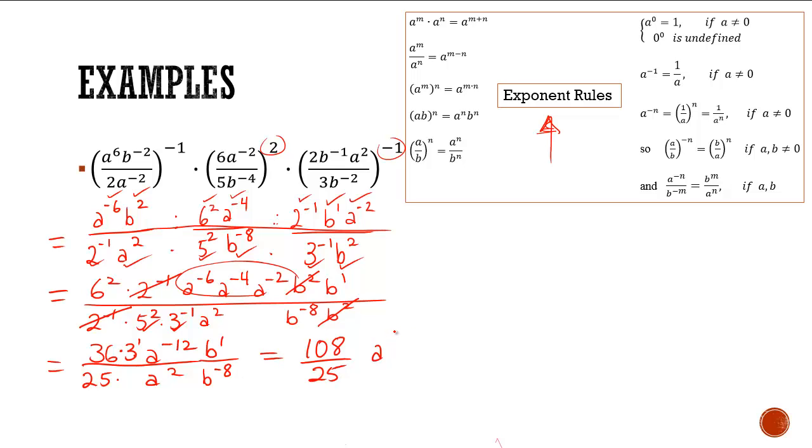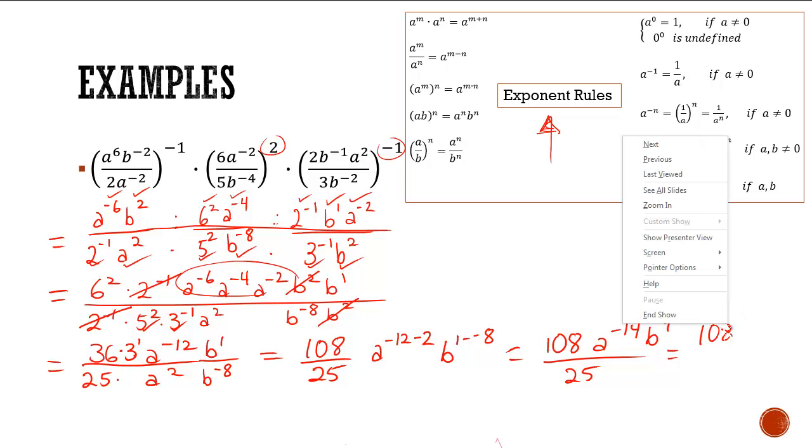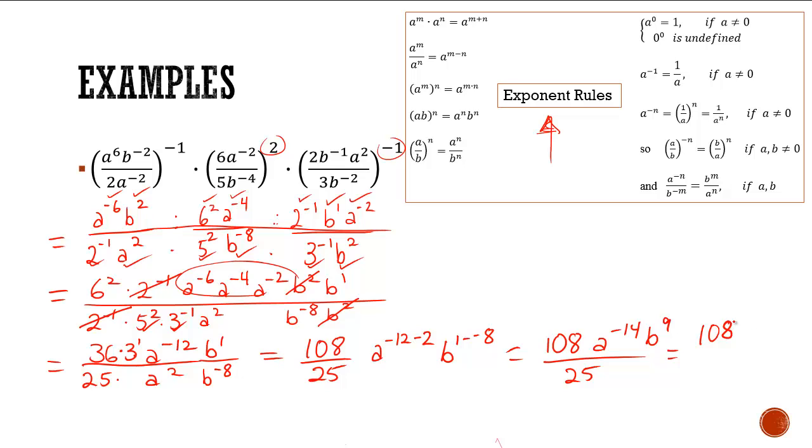And then we've got a to the -12 minus 2 and b to the 1 minus -8. 108, a to the -14, b to the 9 over 25. And we get rid of our negative exponents, leaving us with 108 b to the 9 over 25 a to the 14.